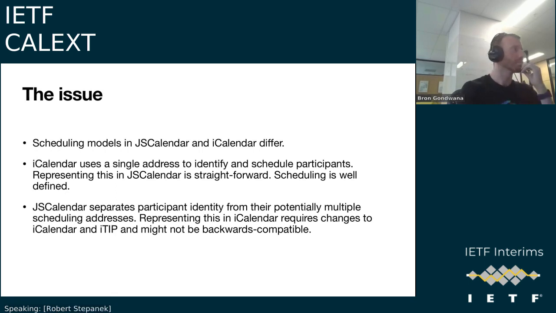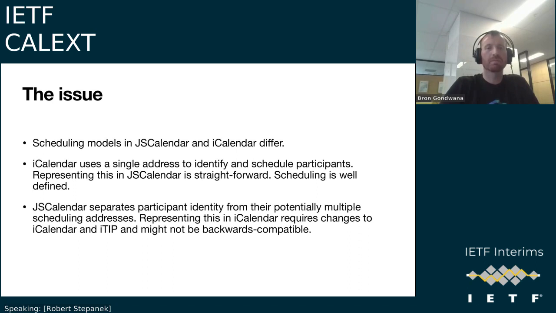So the issue, and this is really just a recap, is we figured out that the scheduling models in the two formats differ. In iCalendar, everyone knows we have just an attendee and a participant with a single calendar address. And this is used for both identification and scheduling. And there's only one way to schedule, and that's this single calendar address.